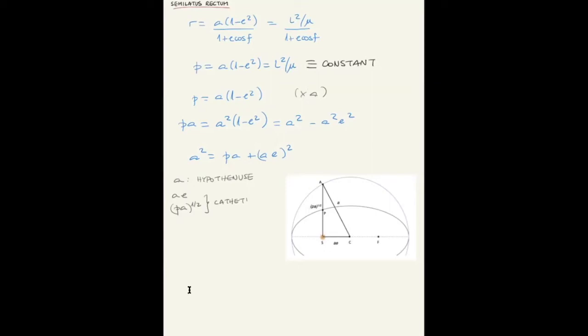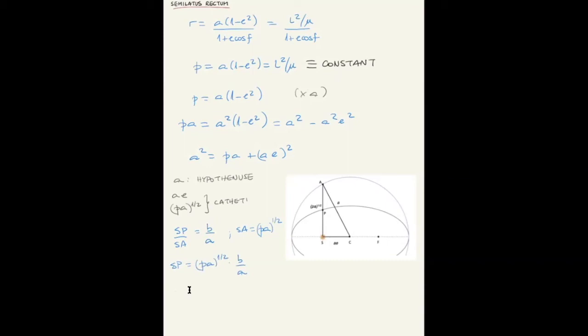Now, how do we find p itself based on this? Well, because of the property of the ellipse that this side SP over SA is equal to the semi-minor axis over the semi-major axis, and SA is equal to the square root of pa, then we can write that SP is equal to the square root of pa times b over a.